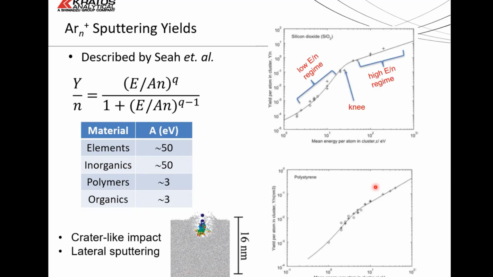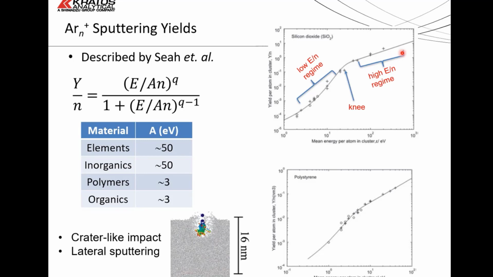Here are some examples produced by the group of Martin Seah. These are the curves for polystyrene at the bottom and silicon dioxide at the top. All of the curves show a structure where you have a linear increase followed by a knee before you get into a shallower gradient in the high energy over cluster size regime.